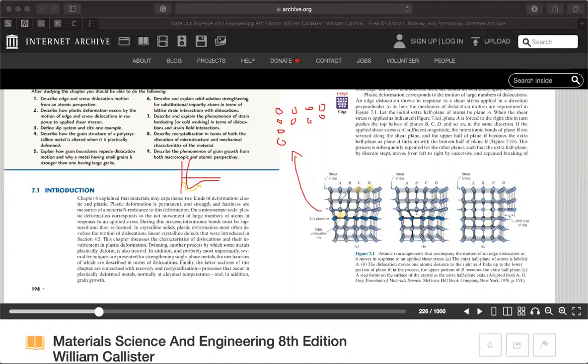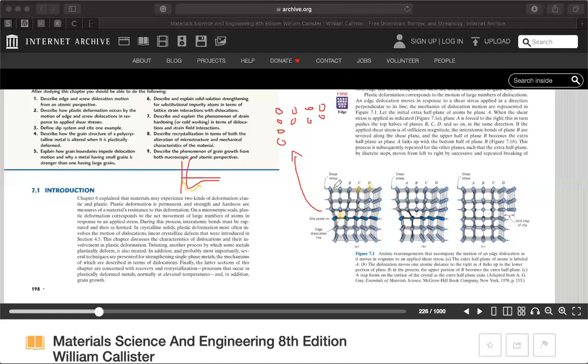Do you think those atoms will be compressed or pulled away from each other? Can you repeat? Okay, I can't hear it. Because you said that you have more atoms in the top of the dislocation line, correct? Compared to the perfect crystal, you have more atoms. So if you have more atoms, do you think the bonds between the atoms will be compressed or stretched?